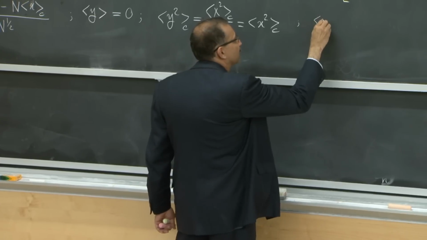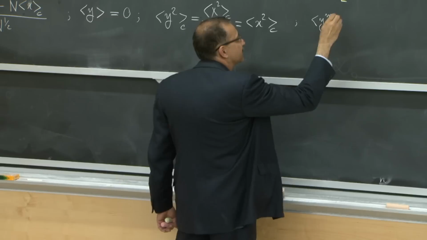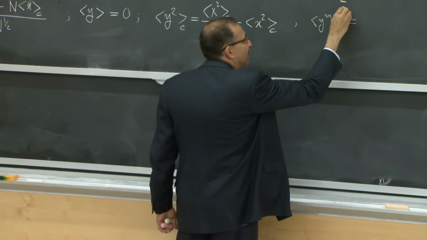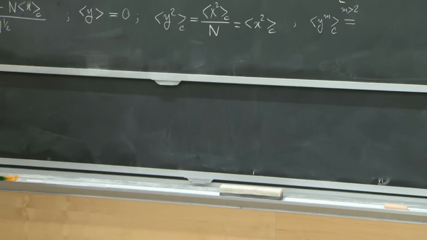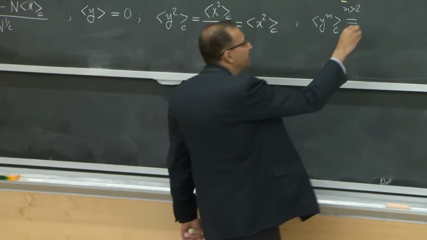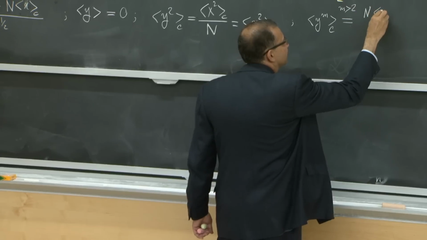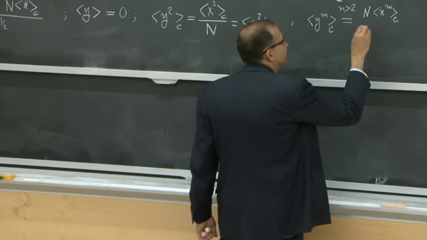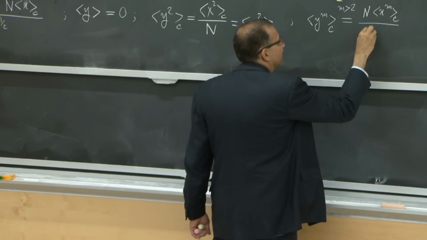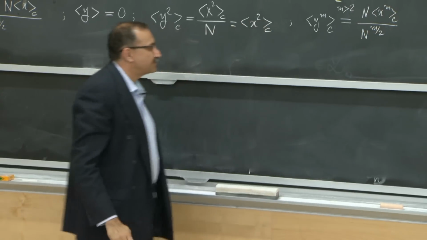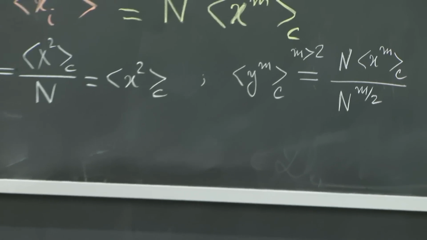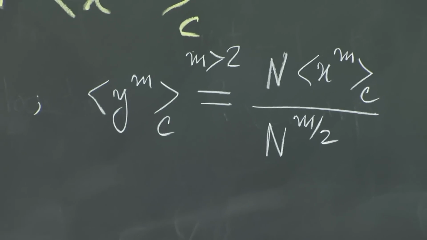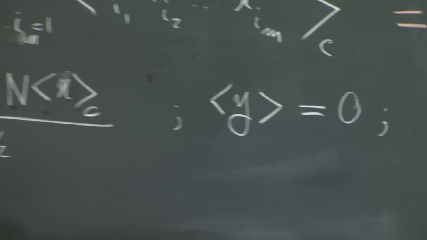Okay, still nothing interesting. But now let's look at the mth cumulant. So let's look at ym c for m that is greater than 2. And then what do I get? I will get n times xmc divided by n to the m over 2. The n to the power of m over 2 just came from raising this to the power of m, since I'm looking at y to the m.